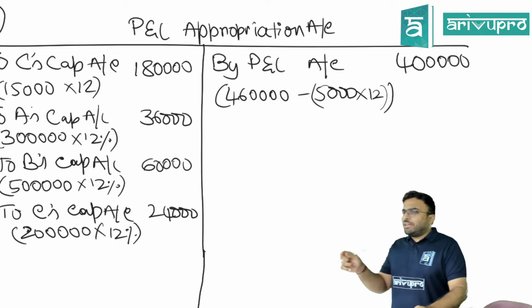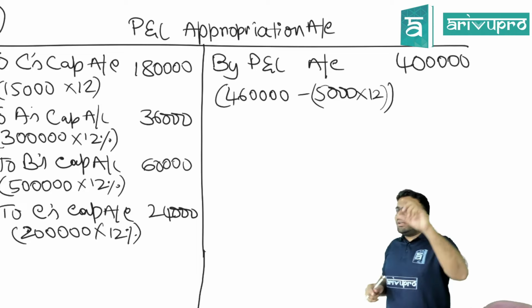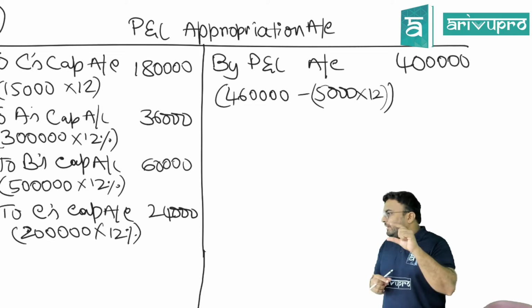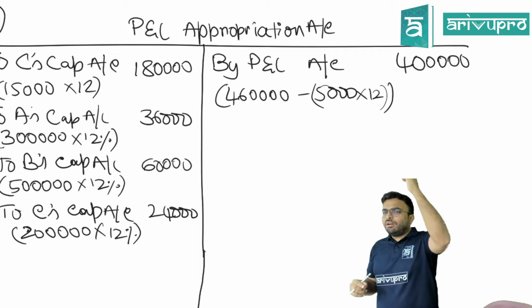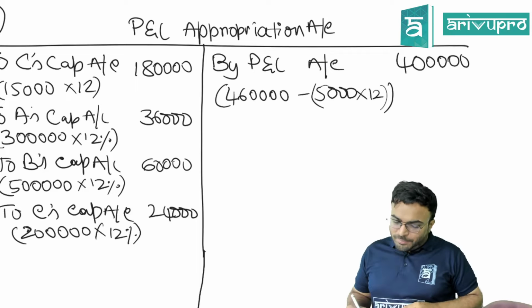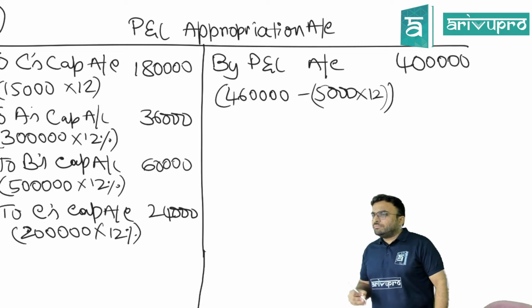They should pass rent account debited to cash account, but they passed drawings account debited to cash account. So now what happened? Because they did not pass the rent entry, rent is not debited in P&L. If it is not debited in P&L, that means profit is more before rent. This is profit before rent. So now 4,60,000 is the profit. From that you remove the rent and then that profit only you can distribute.